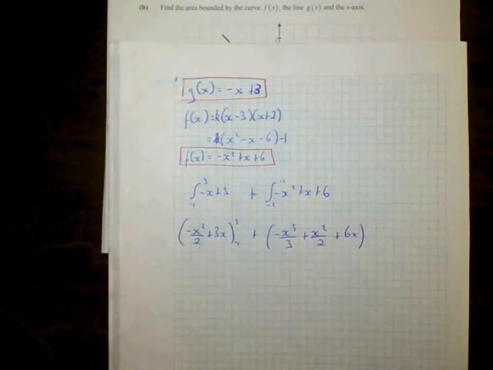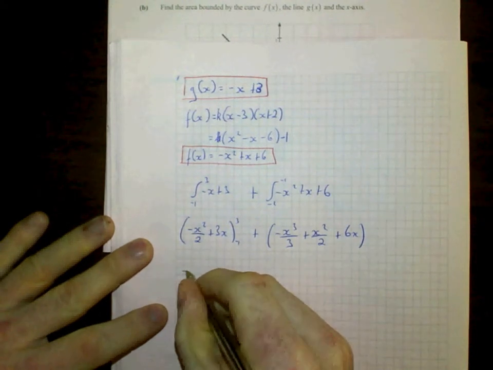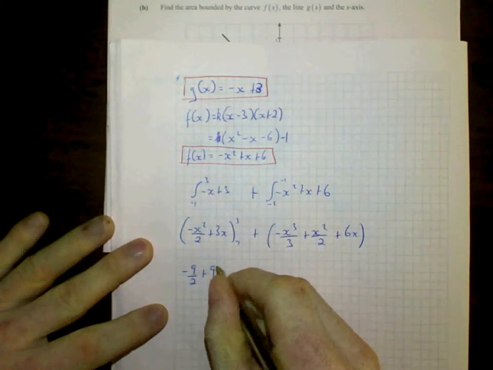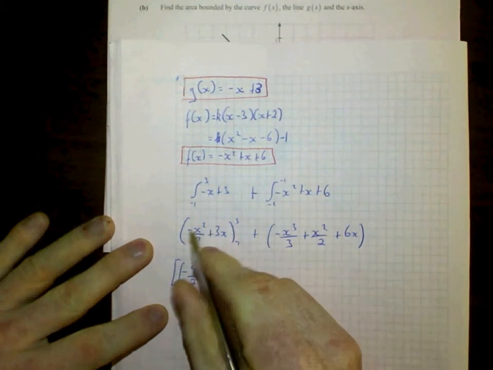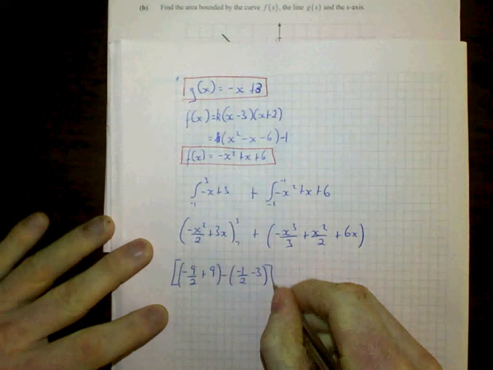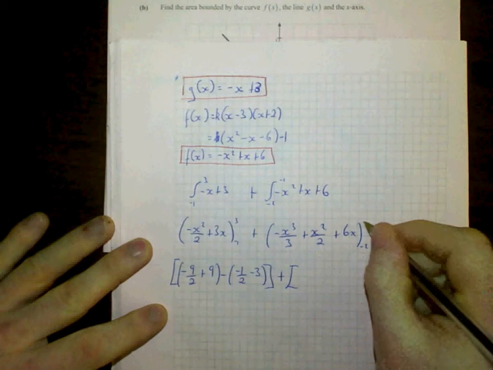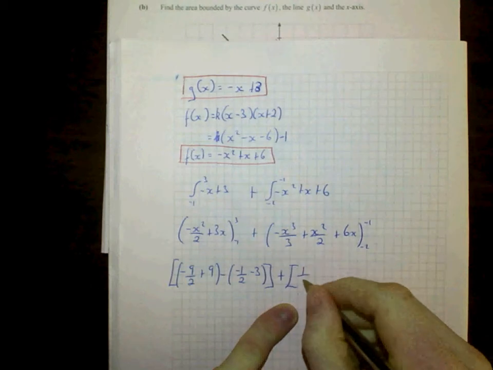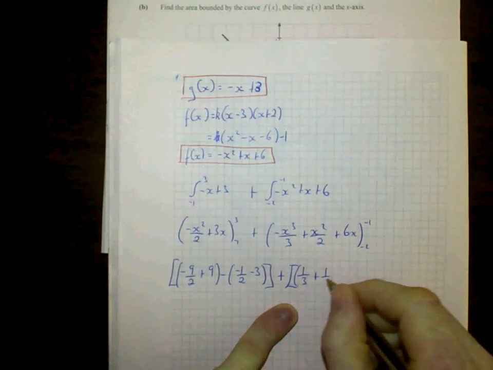Now I'm going to sub it in, so I get minus 9 over 2 plus 9, minus, this will be minus 1 over 2 minus 3. That's the first bit. I have to add the area of this bit, with limits minus 2 to minus 1. I did my minus 1 first, so it's going to be 1 over 3, plus 1 over 2 minus 6.